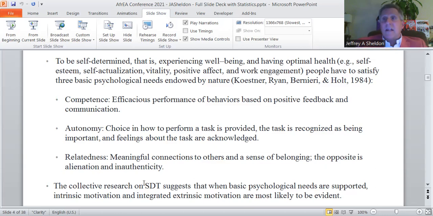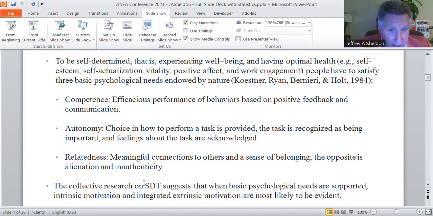Whether tasks are available for you to work on, you have the choice. You can either choose to work at it or not work at it. But the reason why you choose to perform something is because you recognize that it's important, okay?